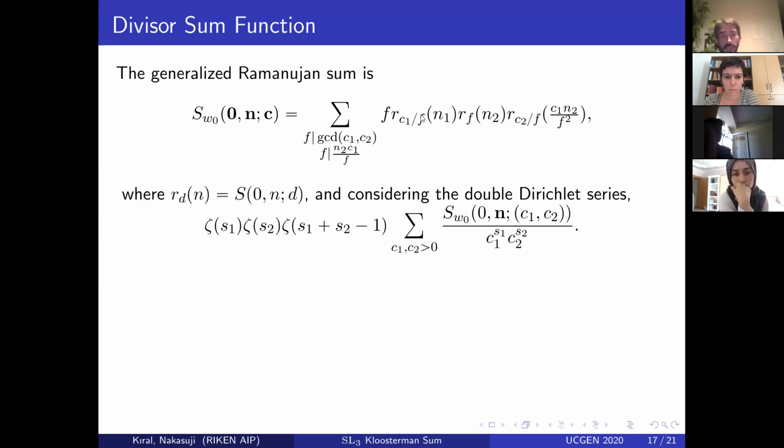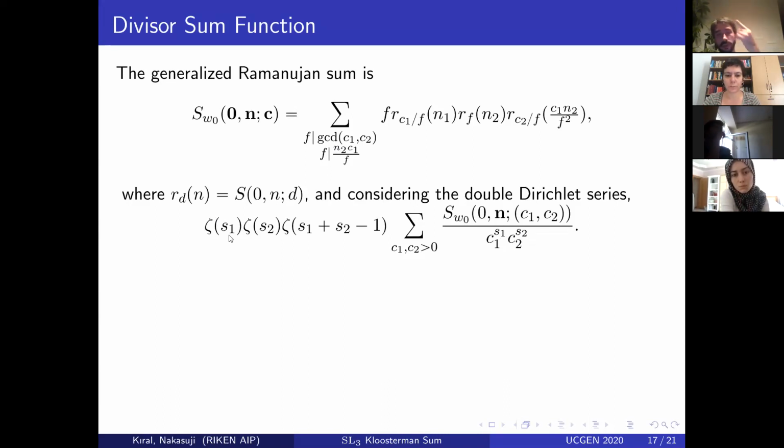So we have an explicit Ramanujan sum, and we consider the double Divisor series. This is exactly the analog of what we had in the 2x2 case, where we had a Q here, and we were summing over Q to the S. Now we have two factors, C1 and C2, so it's a double Divisor series, C1 to the S1, C2 to the S2.